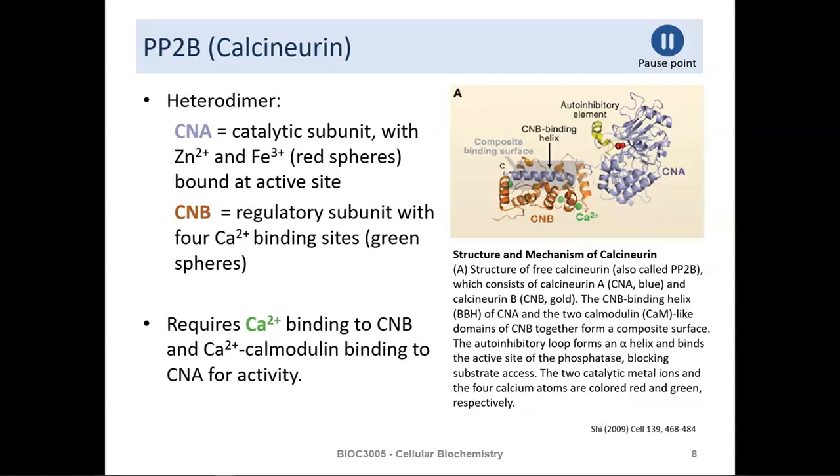This CNB has a binding helix which also interacts with two calmodulin or CAM-like domains. We see that the activation of the PP2B requires calcium binding to the CNB, the regulatory subunit, and also calcium calmodulin binding to the CNA for its activity.